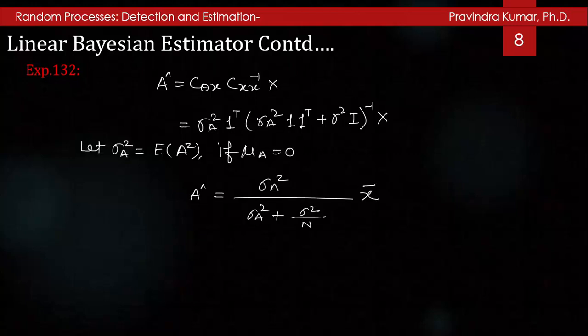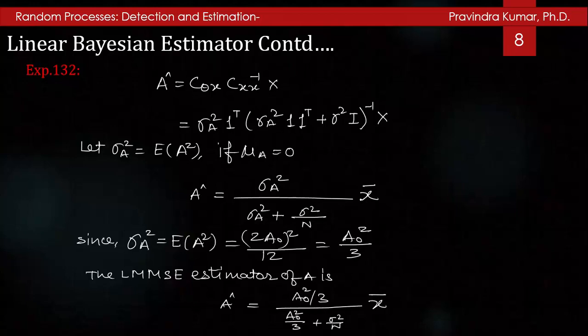Let sigma A square be the expected value of A square, and if mu A is 0, the mean value of A is 0, then A cap will be sigma A square divided by sigma A square plus sigma square by n, multiplied by the sample mean x bar. Since sigma A square is the expected value of A square, it will be 2 A naught whole square by 12, which is A naught square by 3.